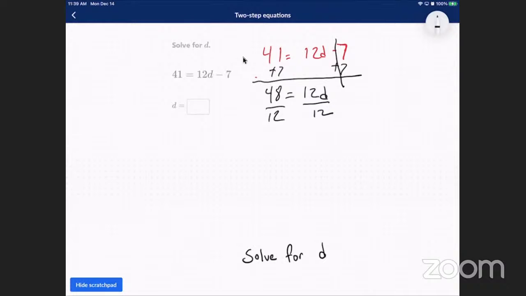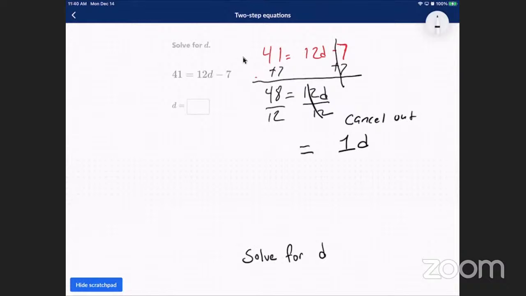That's why we say 12 over 12, because when it says cancel out, it just becomes 1. It becomes 1D, and on this side it has 48 over 12.